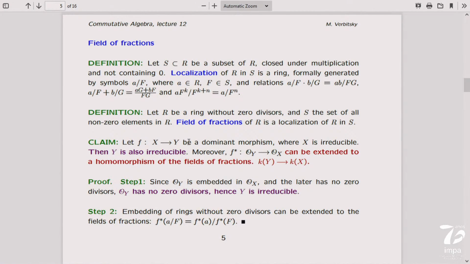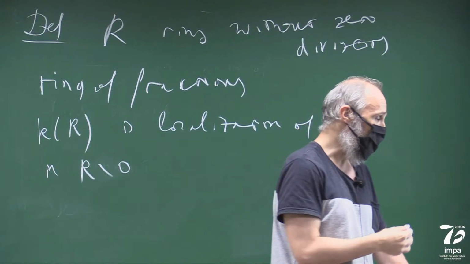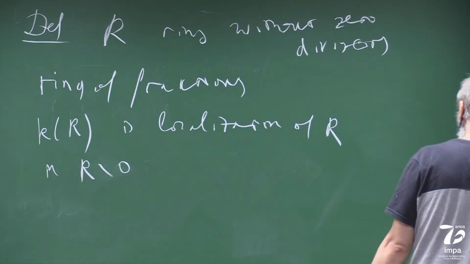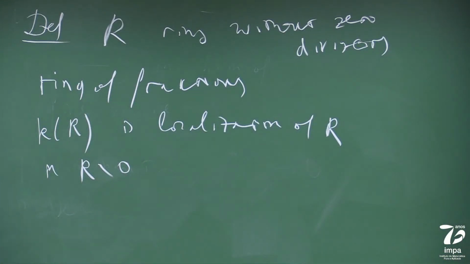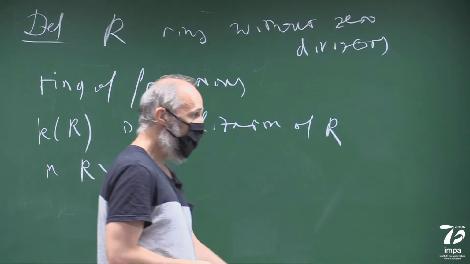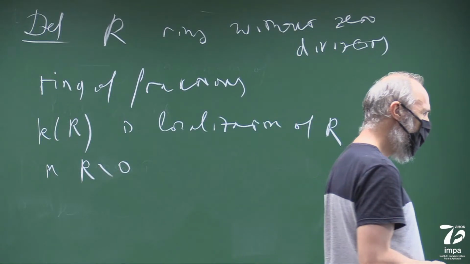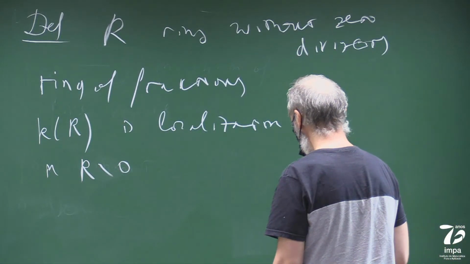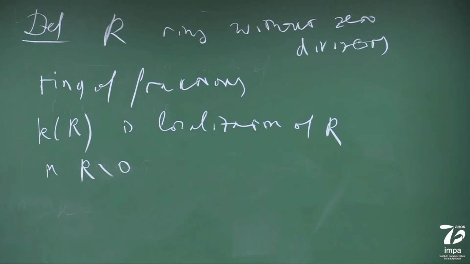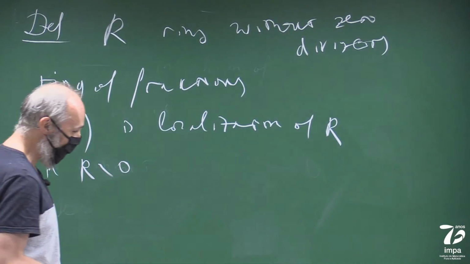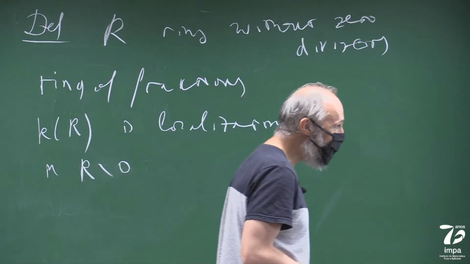So you localize your ring over all non-zero elements. You invert all non-zero elements. This is how you obtain rational numbers from integers.